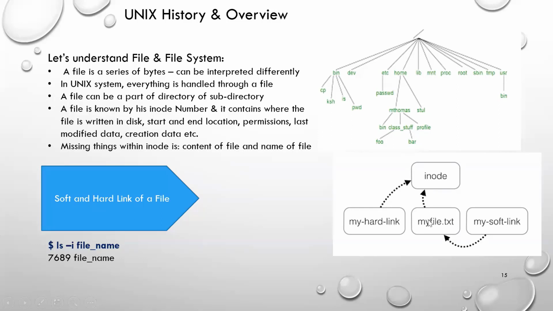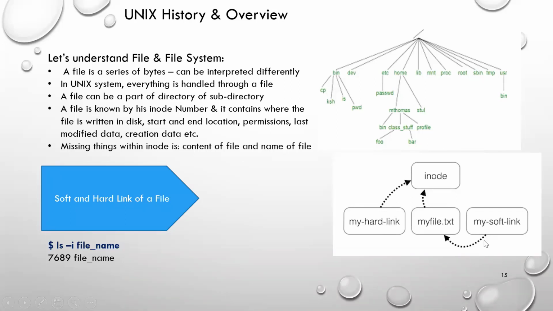So we can create a soft link or hard link of a file, like a Windows shortcut, right? If multiple files reference the same inode number, that is called a hard link.